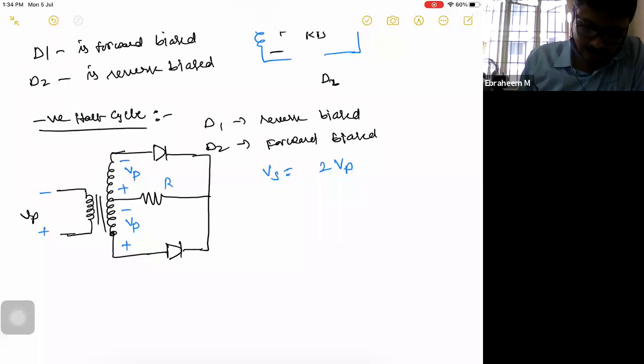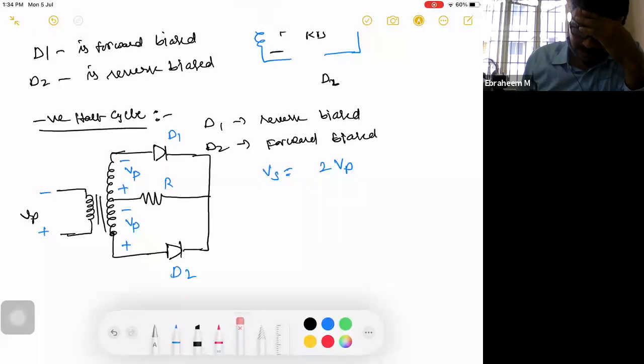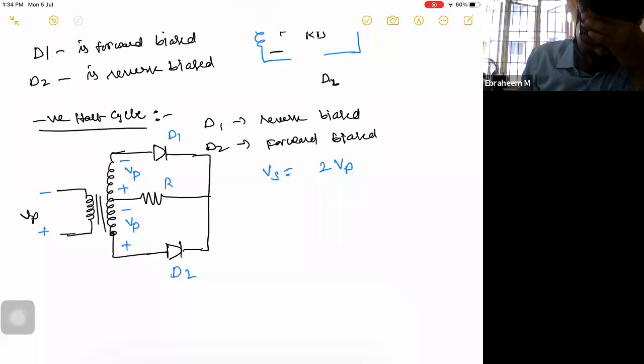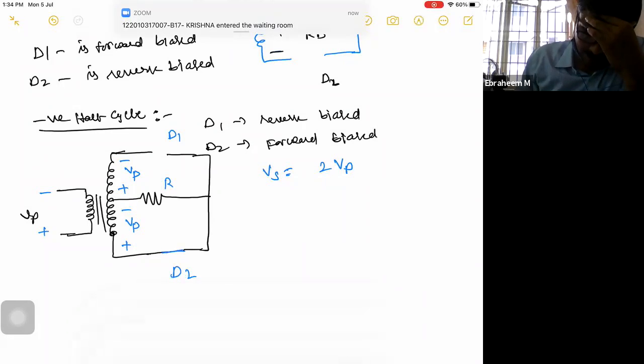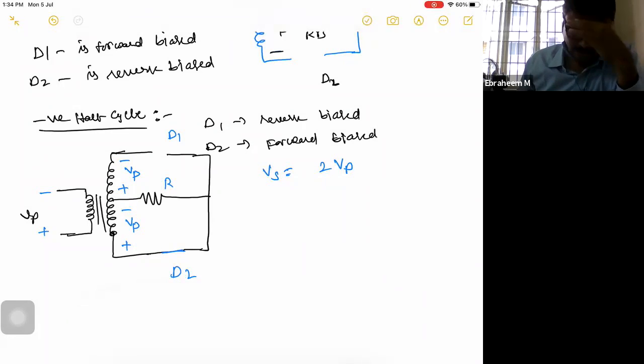Now this is D1, this is D2. Because diode D1 is reverse biased, it is an open circuit, and diode D2 is forward biased, so it acts as a closed switch.